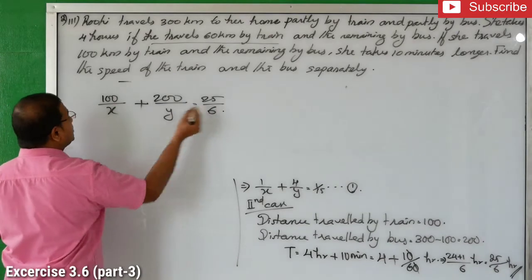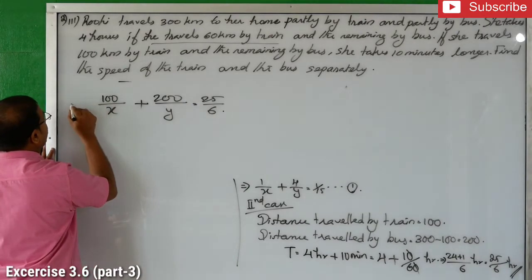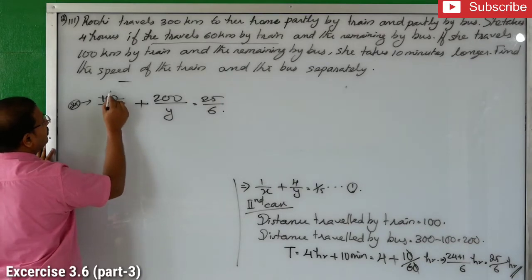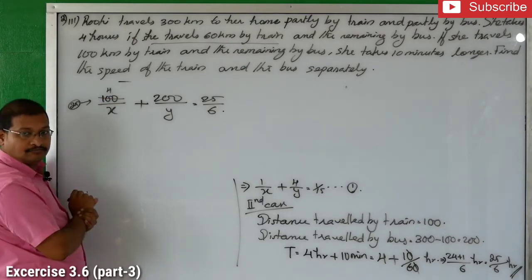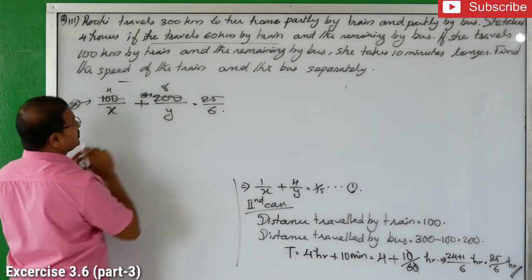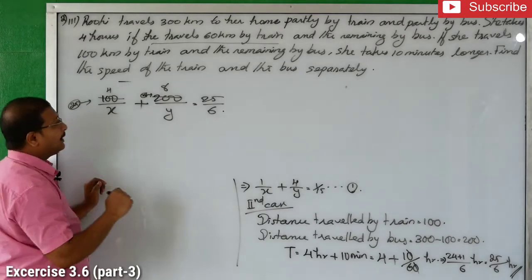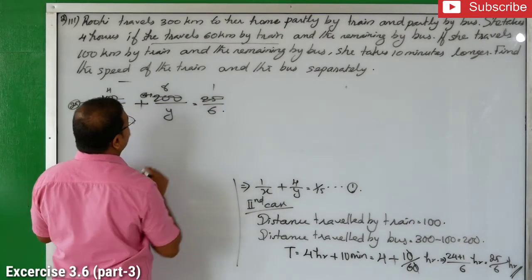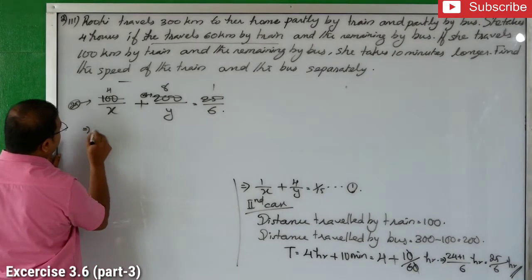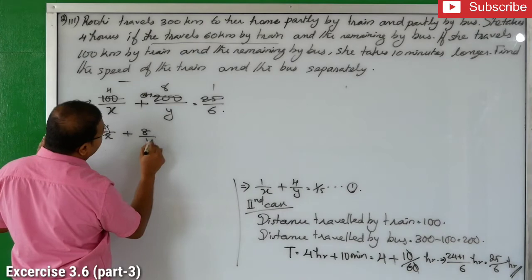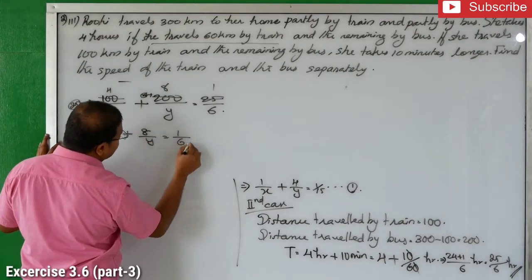The entire place we are going to cancel by 25. So 25 4s are 100. Ready? Now 25, how many times? 25 into 8 times. If you have doubt, multiply and check it. 25 into 8, 200. 25 ones are 25. So we got it. This implies 4 by x plus 8 by y equals 1 by 6.